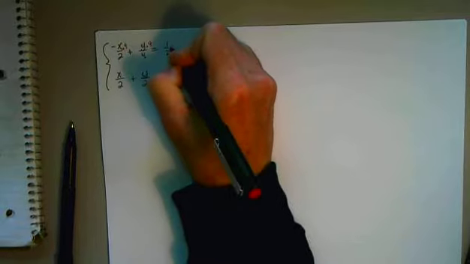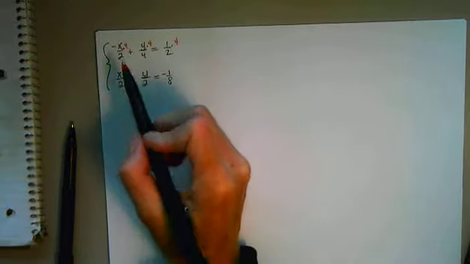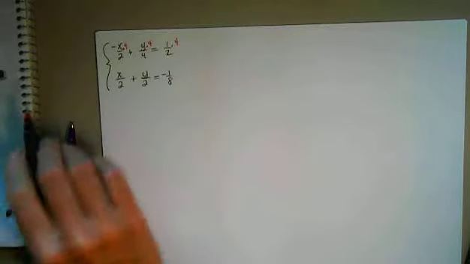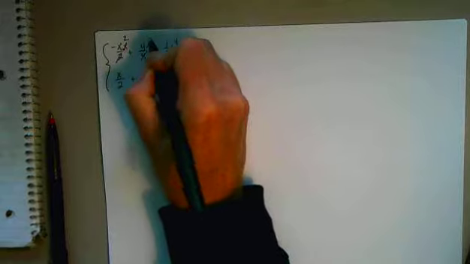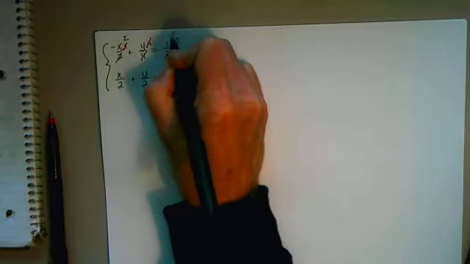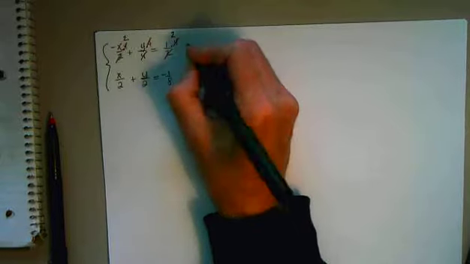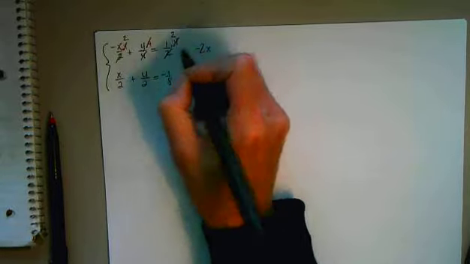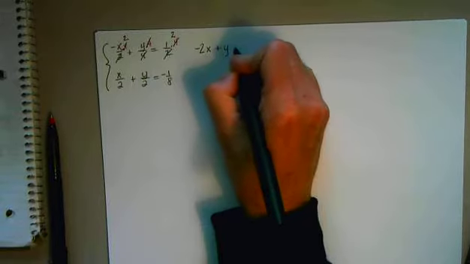I'm going to multiply each term by 4, and then reduce. So I have 2, 1, and 2. And then if I write that line, I've got 2 times negative x, which is negative 2x. And here I just have the y, and here I just have the 2.